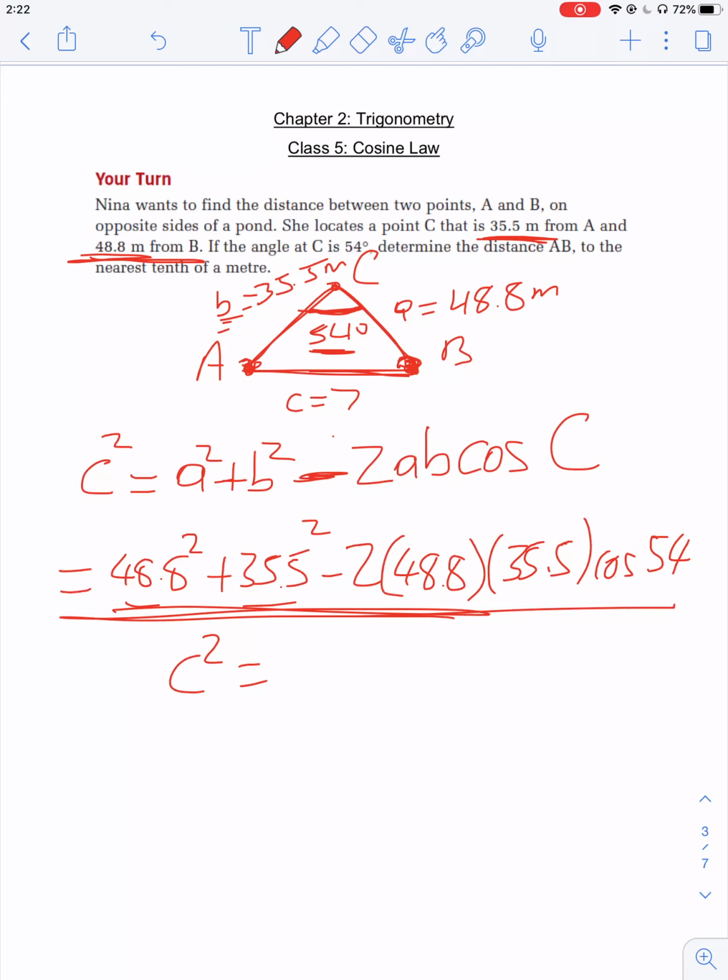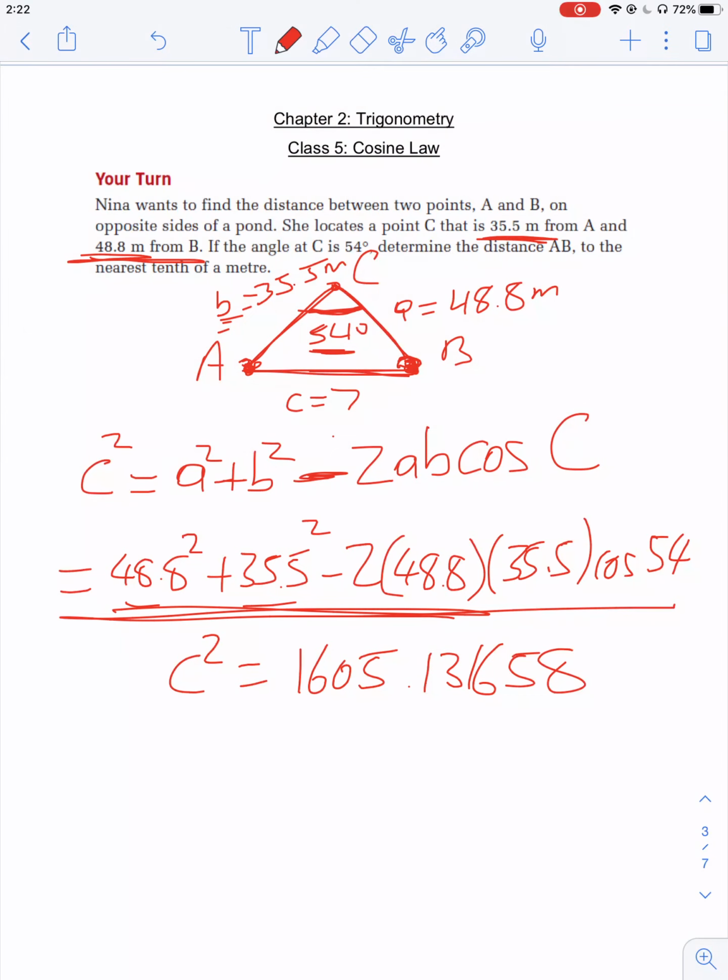You could use brackets or you could just do times. It's the same thing. And then times cos of 54. Just make sure that your calculator is in degree mode, okay? So c squared will actually equal 1605.131658. I'm going to ask you to carry all the digits because this is not your final answer.